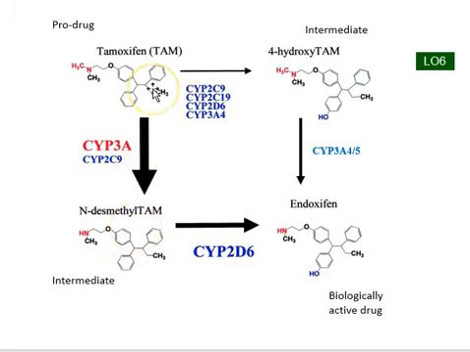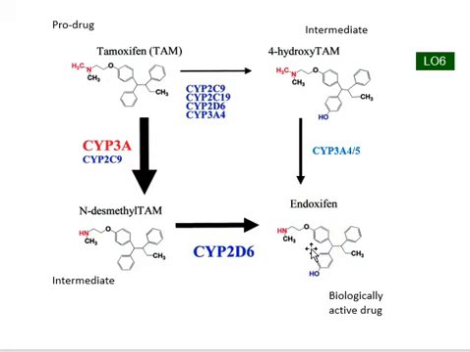In reality, the breast cancer patient most likely is taking multiple drugs, and by chance, most of them are probably undergoing some type of biotransformation via CYP3A4. So there's one potential drug interaction. Assuming that these patients can make this particular intermediate without any problem, and the patient has normal CYP2D6 activity, we should see them making endoxifen, which is biologically active.